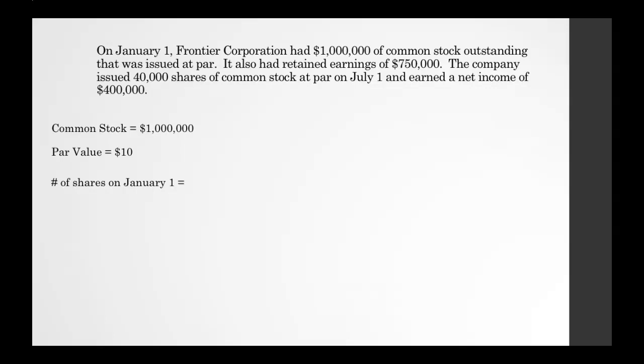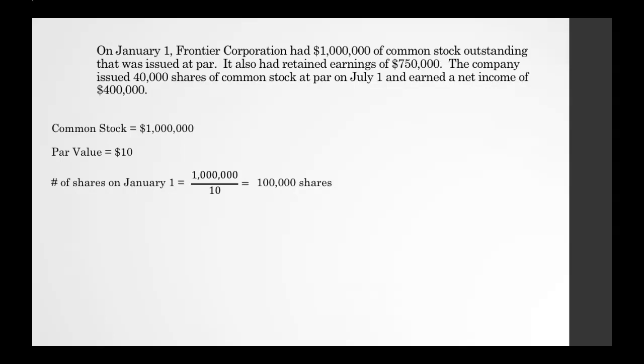So we can figure out, okay, how many shares did we have outstanding on January 1st? So we take the $1 million divided by $10 per share. And we can see that on January 1st, Frontier Corporation had 100,000 shares of common stock outstanding. But then it tells us that the company issued more stock in July, right?